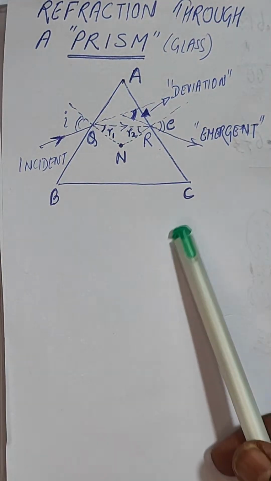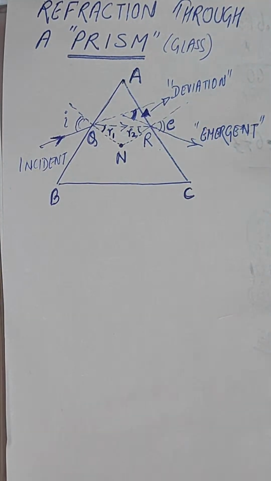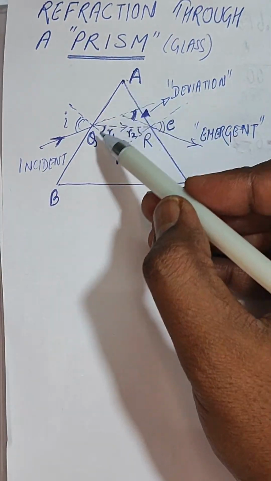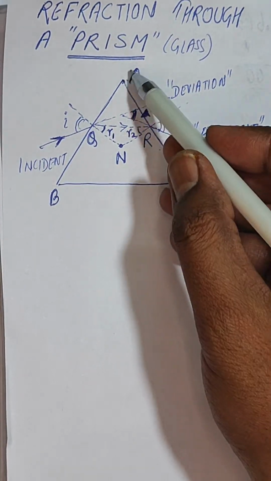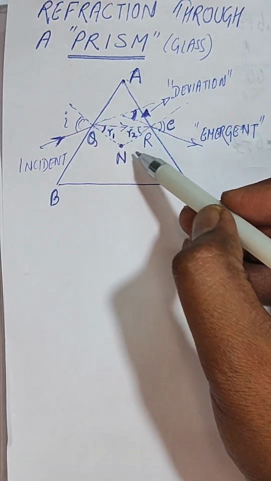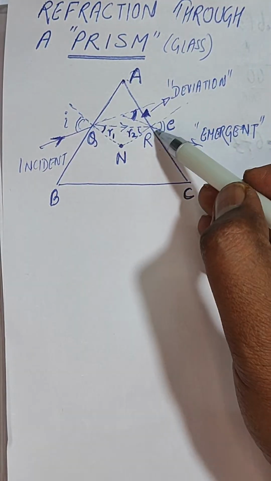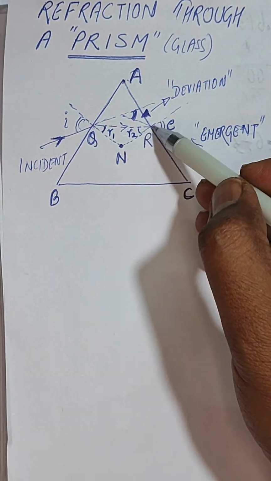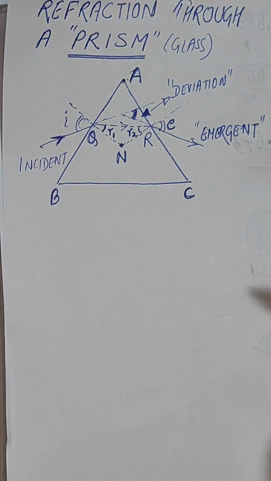Now in this figure we can see the quadrilateral AQNR, because QN and NR are the normals to the surfaces AB and AC.